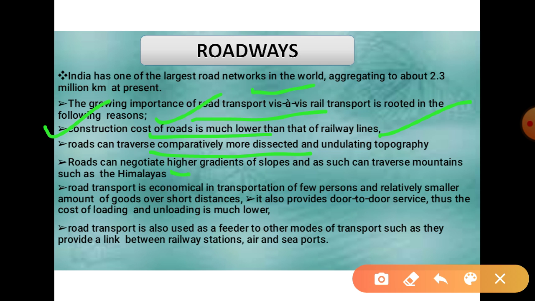Roads can negotiate higher gradients, meaning high altitude slopes, and can traverse mountains such as the Himalayas also. But we can't settle a railway track over the Himalayan areas due to the high altitude. So it is easier to construct the road.